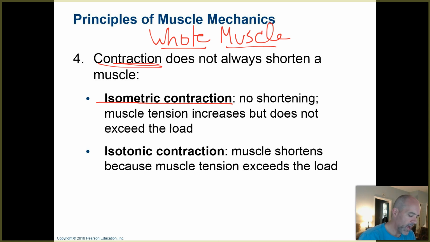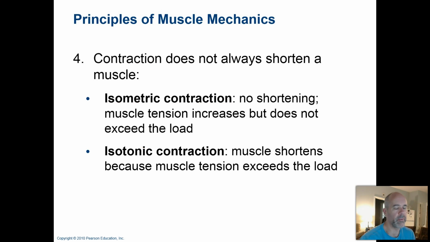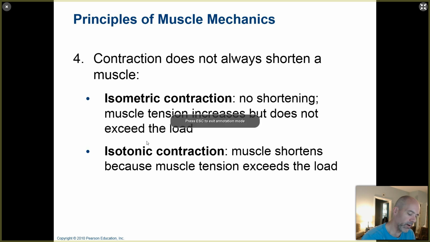Okay, and then there are muscle contractions called isotonic contractions, where the muscle shortens because the muscle tension exceeds the load. Okay, I'm going to have to make you guys aware of something, though. There are some differences in this terminology that you'll notice if you do some reading on it.